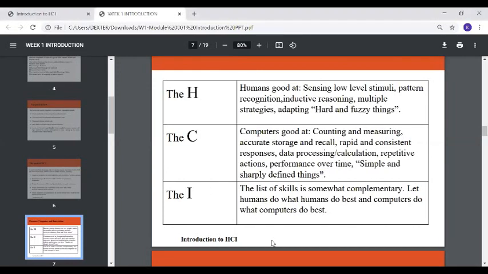Then we have the computer. The computer is good at counting and measuring, accurate storage and recall, rapid and consistent response to data processing, calculation, repetitive action, performance over time, simple and sharply defined things.